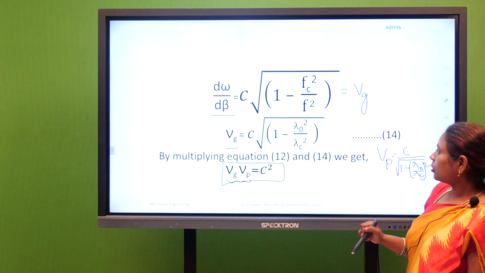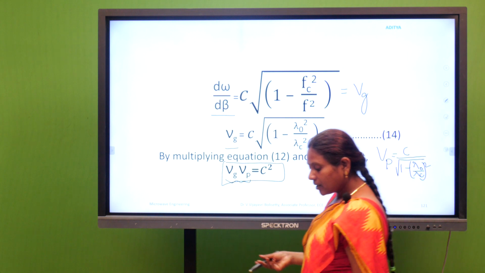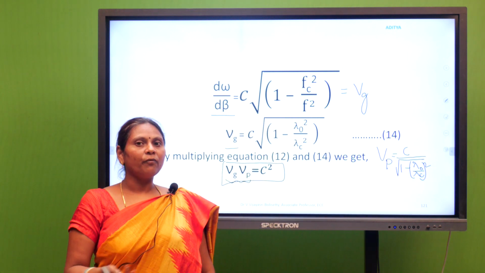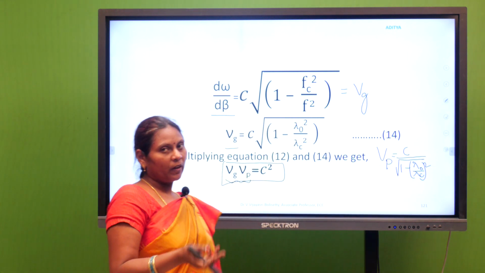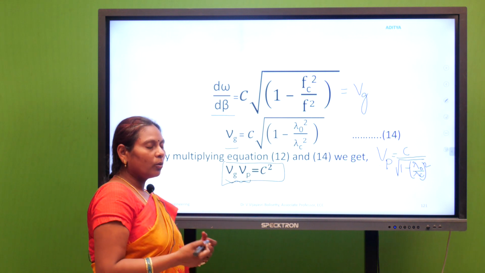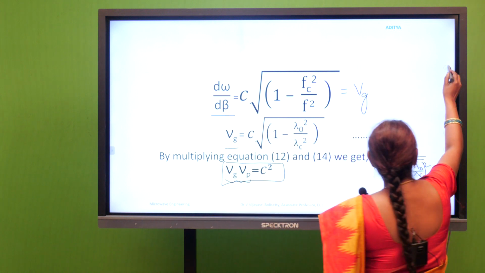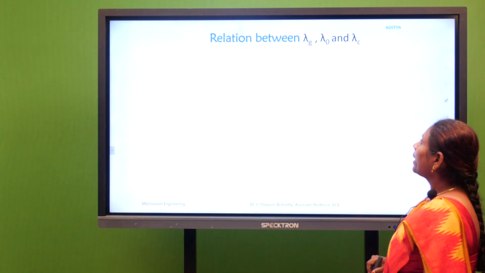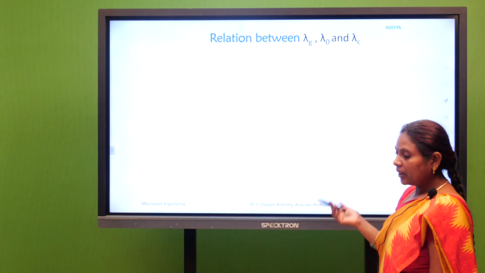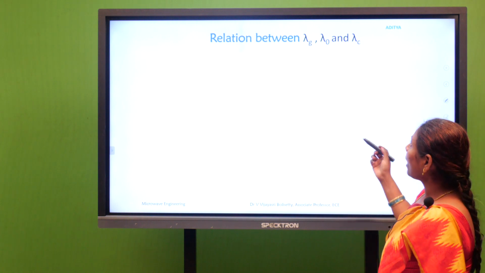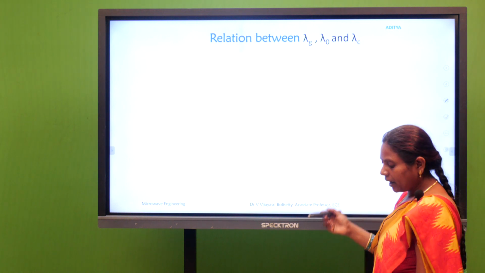Right. So far we have discussed the guided wavelength lambda g, phase velocity and group velocity. Now let us also define the wave impedance, and also see the relation between lambda g, lambda naught and lambda c.